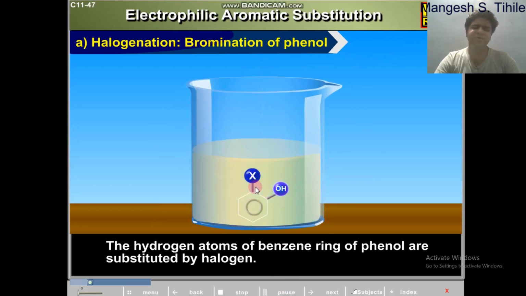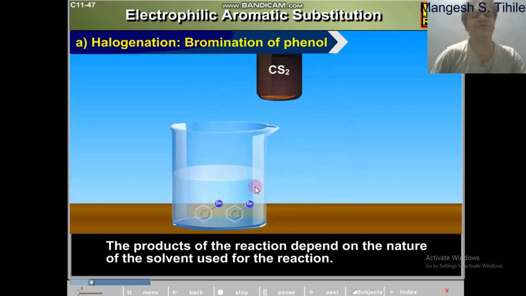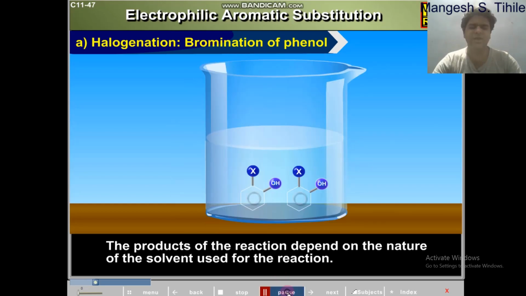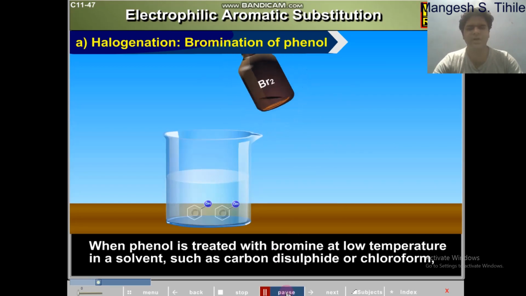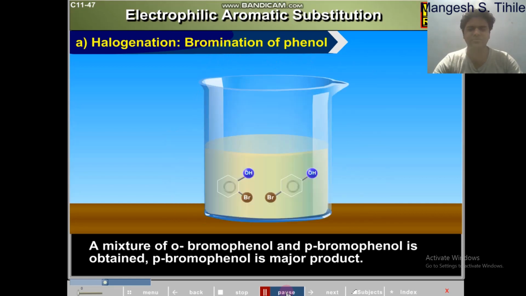The first product will be at ortho position and the second product will be at para position. So under bromine in water, here we'll get the orthobrominated product and parabrominated product.